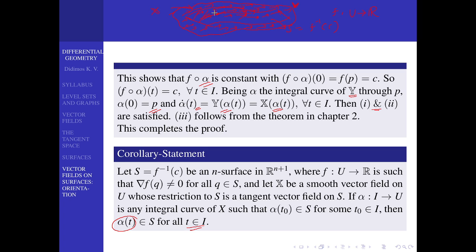When you restrict it to this surface, all the vectors are tangent to this surface. That is the hypothesis on the vector field X.